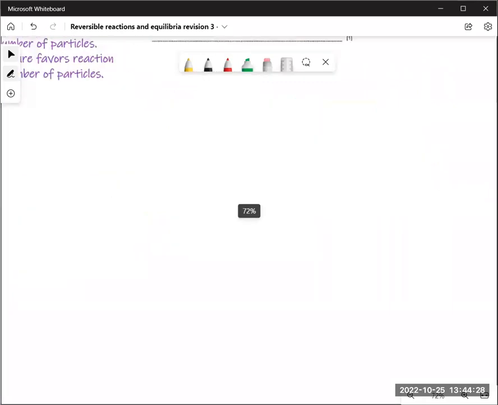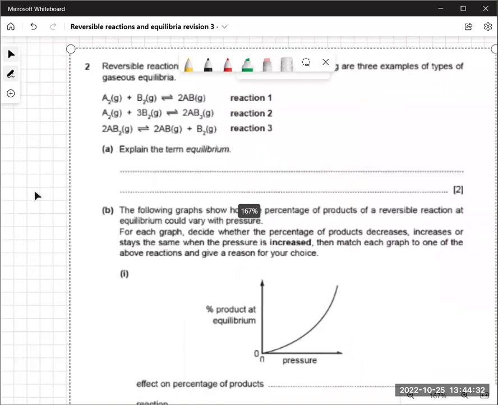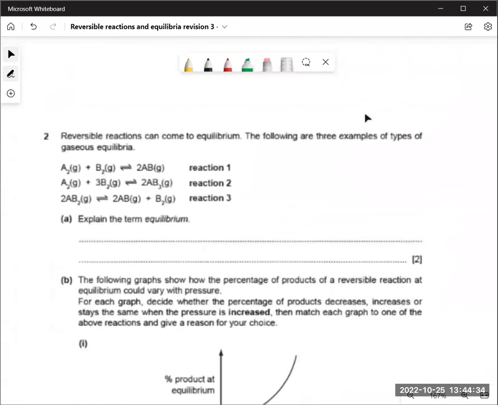Now, I won't help you in this one. You have to do it on your own, and I'll tell you if you're correct or not. Start. Read the question. Reversible reactions can come to equilibrium. The following are three examples of types of gaseous equilibria. Explain the term equilibrium.